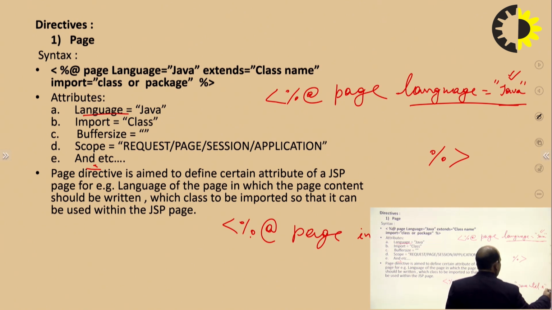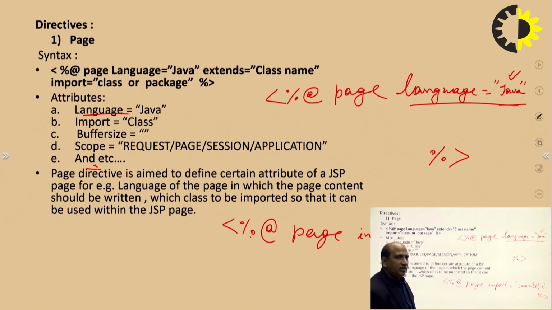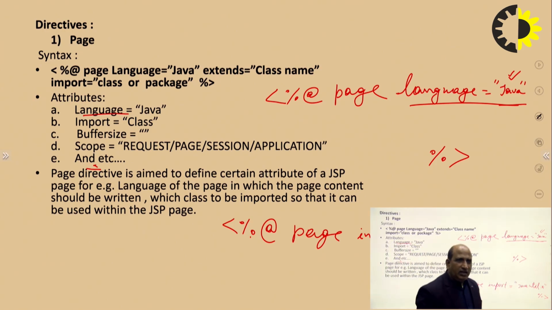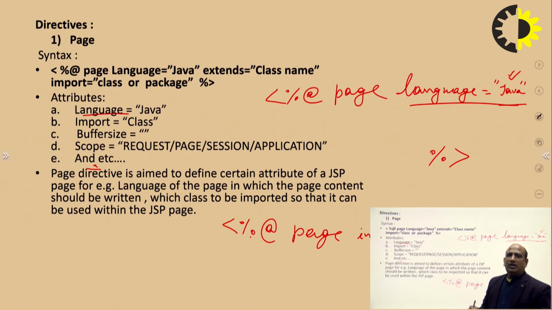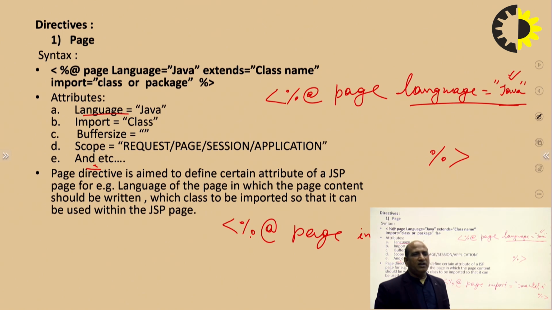It means I am instructing the JSP engine that, in addition to the classes, packages and interfaces you have already imported for the current translation, also import this package before translating your JSP page into the equivalent servlet.